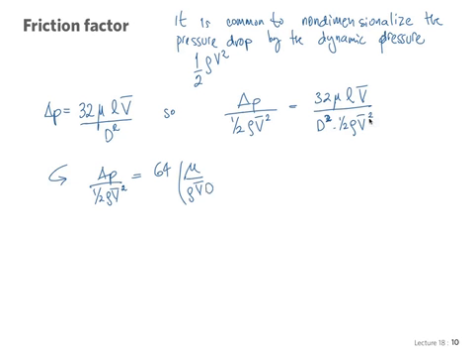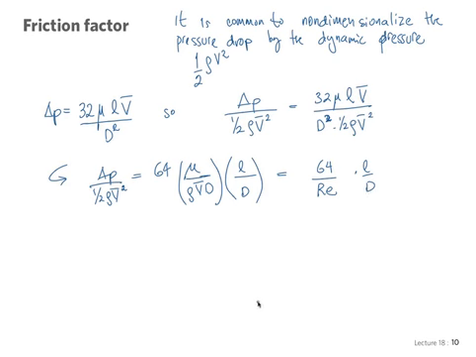One of the v's cancels out, and I have one d left down here, and I have the L at the top. Do you recognize this guy here in the middle? One over the Reynolds number. Excellent. Very good. So this is equal to 64 over the Reynolds number times L over D.